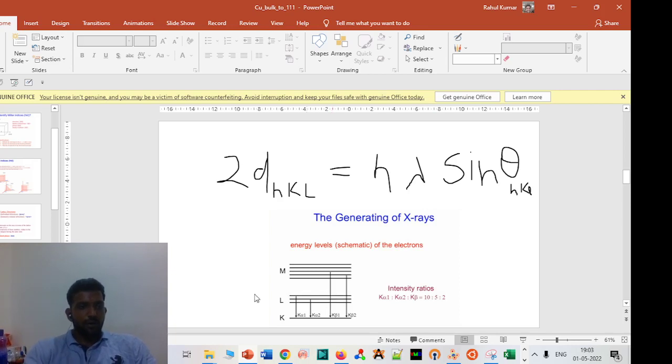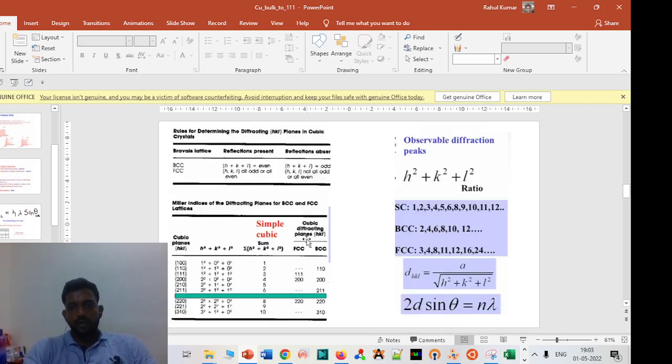So for an FCC structure, where will you get the planes? If hkl is all odd or all even, you will see the planes, you will see a peak. If they are a mixture, like two are odd and one is even, or one is odd and two are even, then you will not see any intensity.